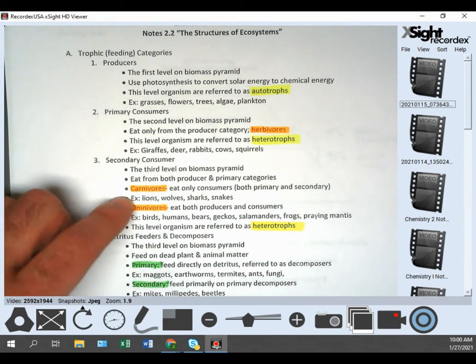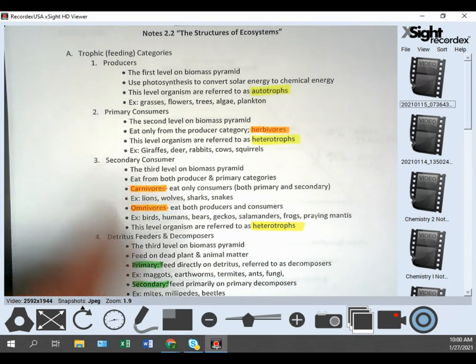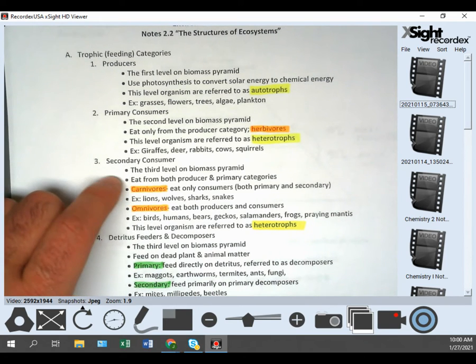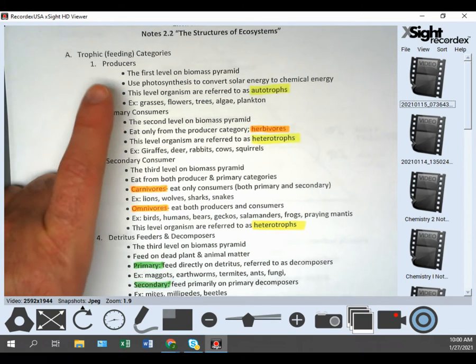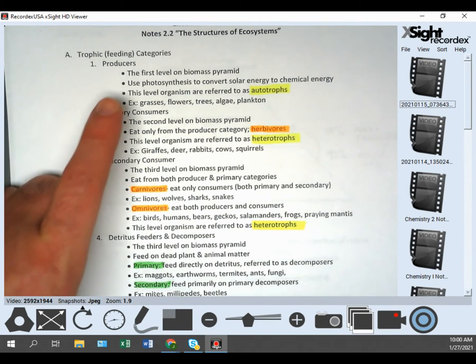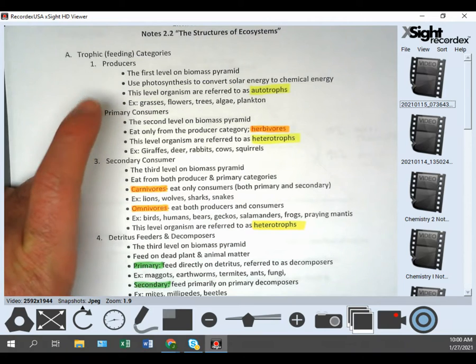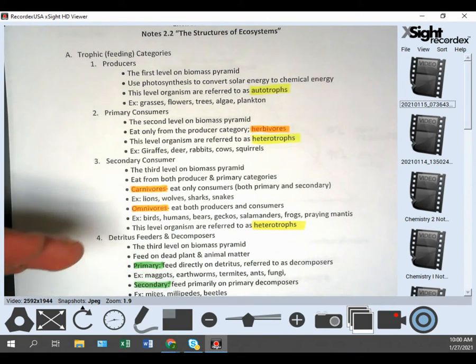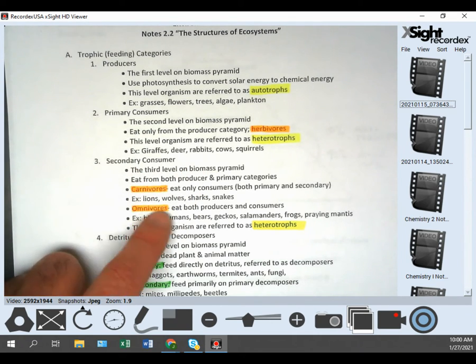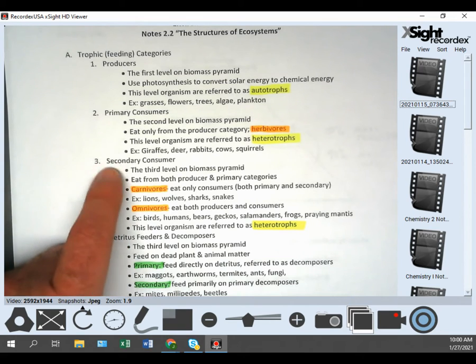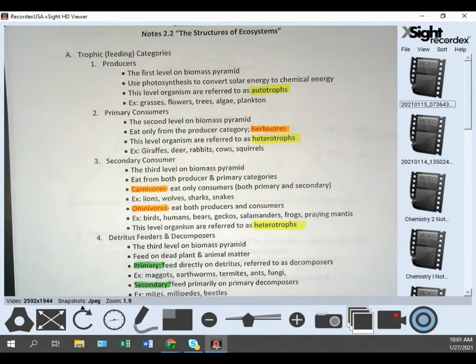Now, your book says you can break this down even more. It says something about secondary consumers eating from the other category, and then tertiary being the ones that only eat from the secondary level, like food chain type stuff.